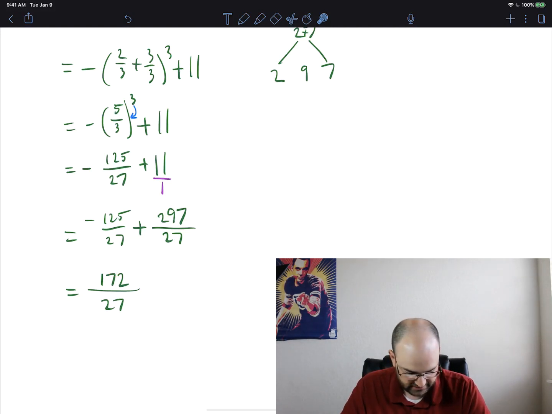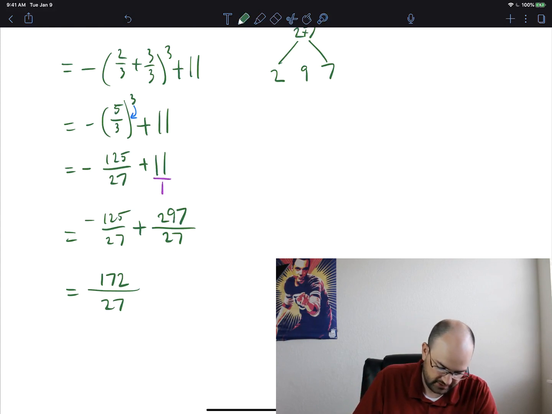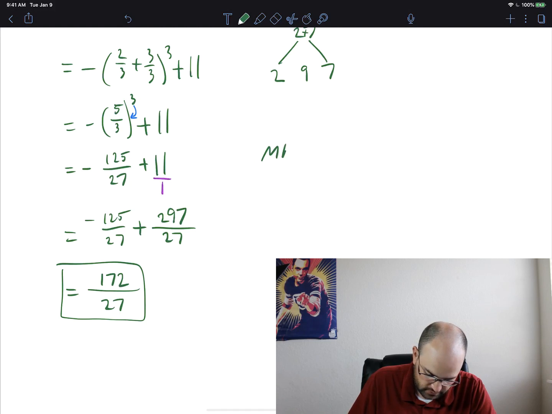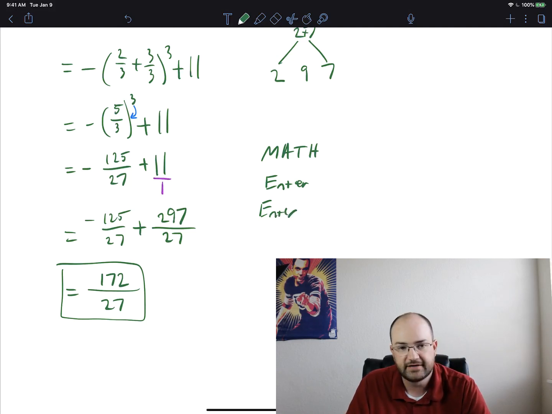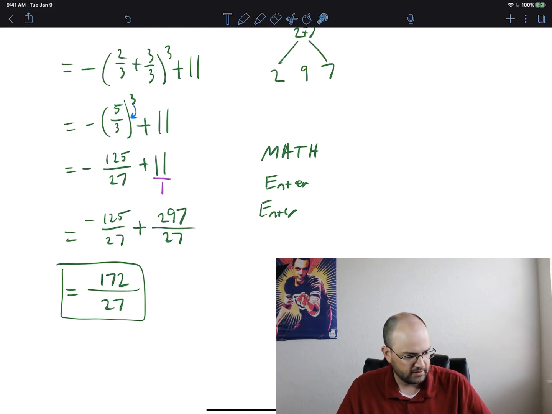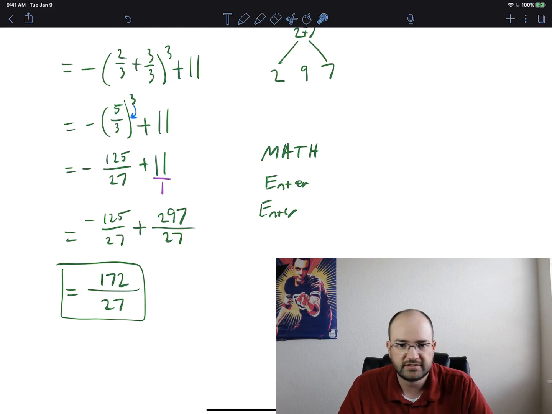And you can check to see if this is simplified or not. On your calculator, you would press math, enter after typing in 172 over 27. I'll show you that in just a second, but that's all you would have to do. But you will still just see this as the answer. All right, let me go ahead and bring up the calculator to show you how to type this in. I'll see you there.